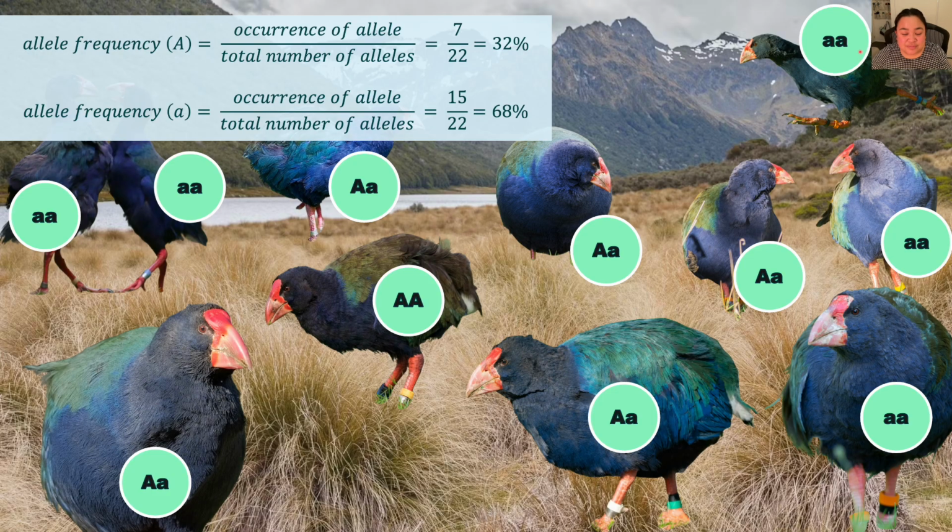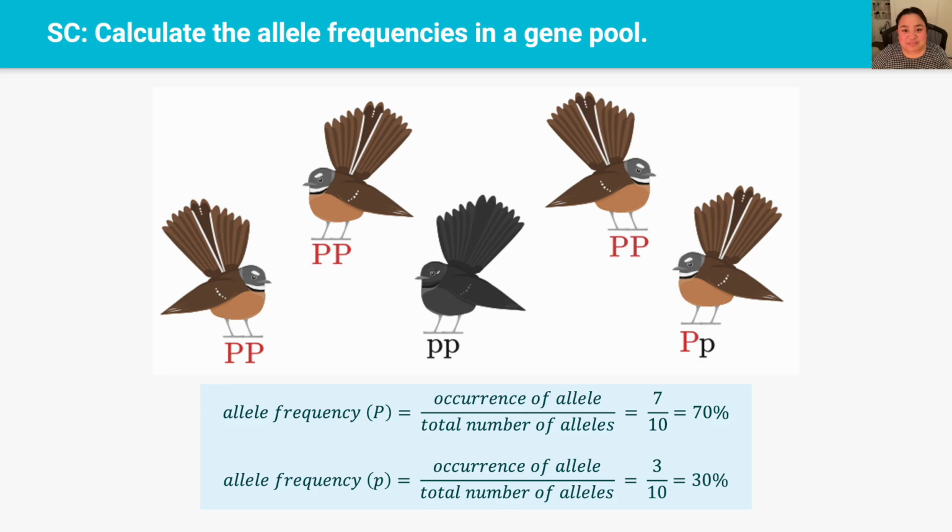That's 22. So 15 divided by 22 is 0.68, multiplied by 100, that's 68%. So the recessive little a allele has more than doubled the allele frequency of the big A allele in this gene pool.